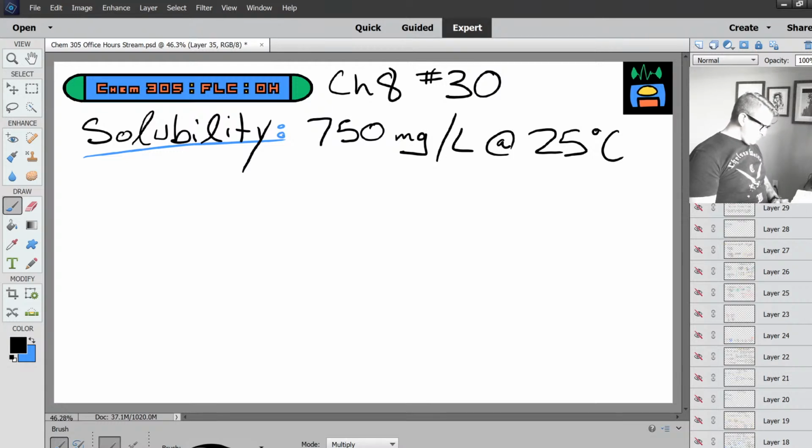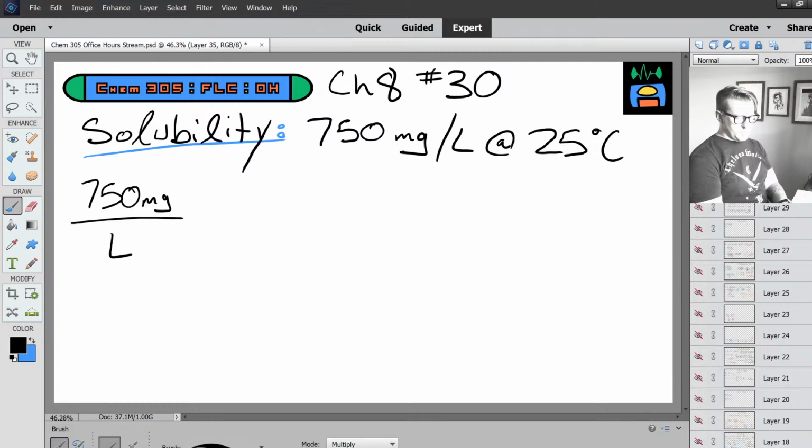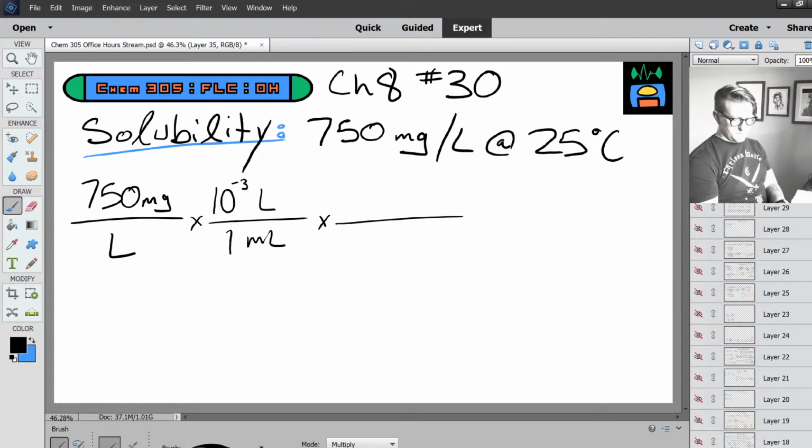So, let's do a unit conversion. So this is milligrams per liter. Let's convert this to grams per milliliter.